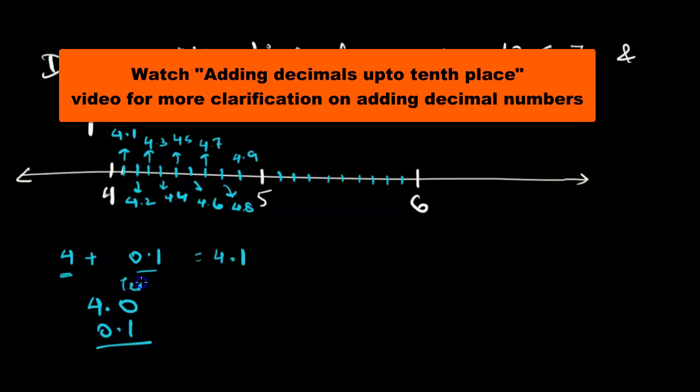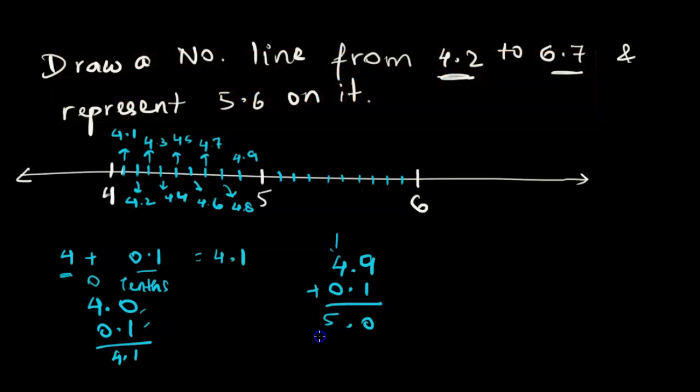So this is tenths place added to tenths place, ones place added to ones place, and the total that we get is 4.1. And we keep adding 0.1 each time in order to get up till 4.9. After 4.9, when we add 0.1, we get 9 plus 1, 10, 4 plus 1, 5. So this is 5.0 or 5, which means the same thing.